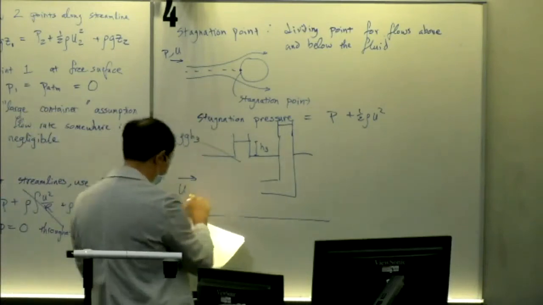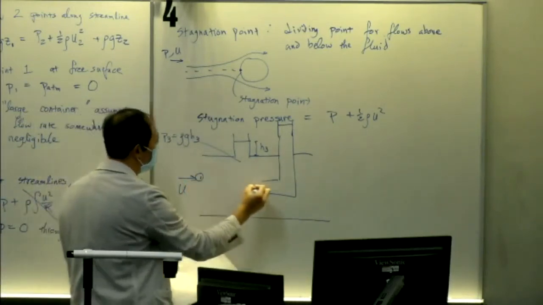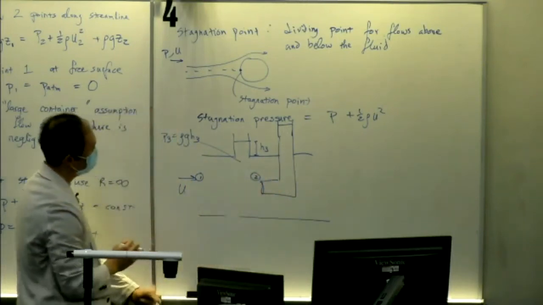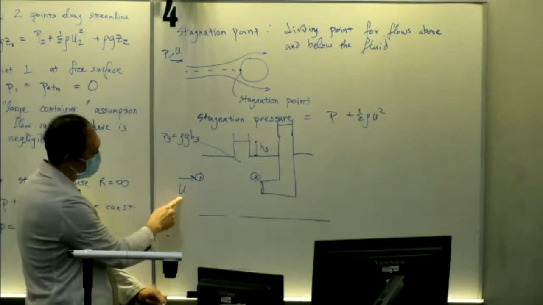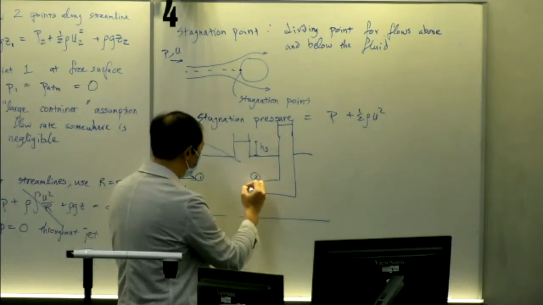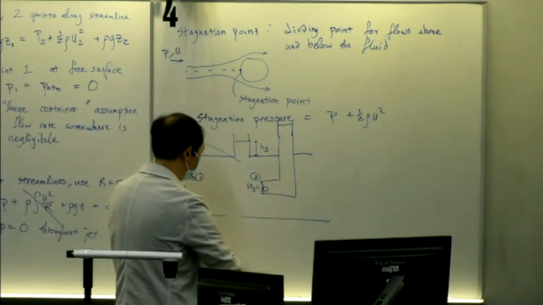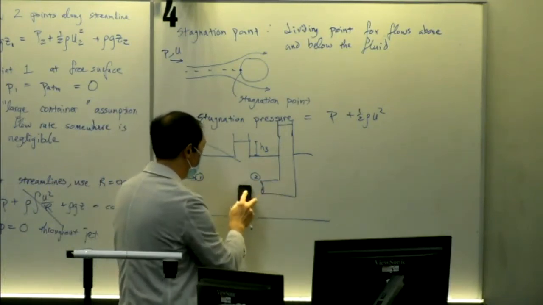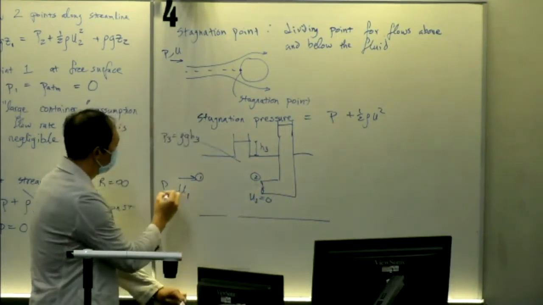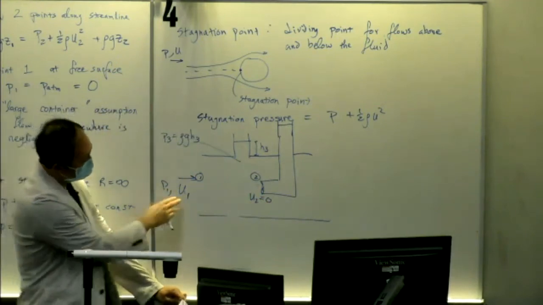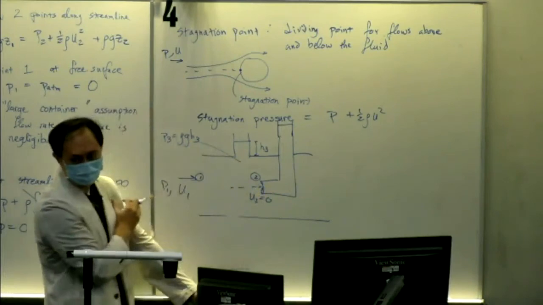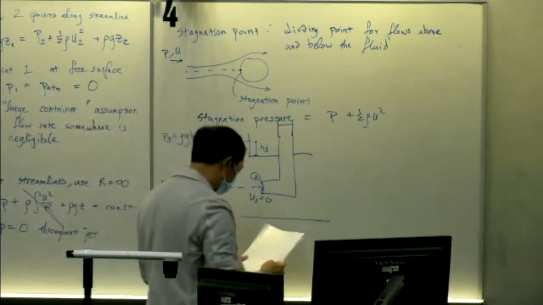If you've got a non-zero velocity here, we'll call that point 1, and we'll call this point 2. The velocity is non-zero here, so P comma u, but once it hits here, the velocity is 0. It's gone from a pressure and a non-zero velocity to a zero velocity, because right as soon as it hits it, it's like a stagnation. So velocity is 0 there.